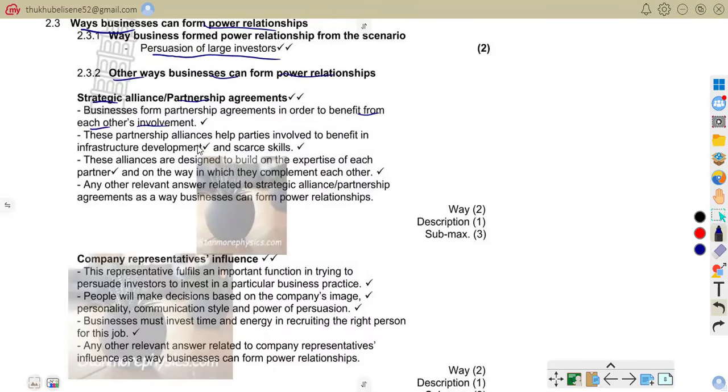So two or more businesses cooperate and share resources to achieve common goals and improve competitiveness. These partnership alliances help the parties involved to benefit in infrastructure development and scarce skills.